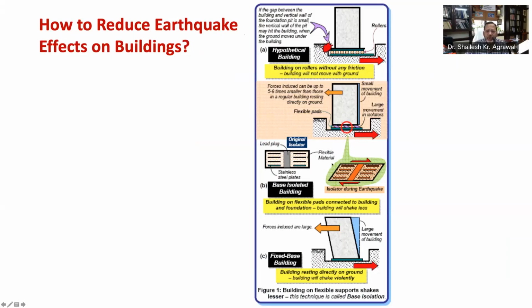Now let's look back again at figure 1B. The flexible pads are being explained here. They are also known as base isolators, whereas the structures protected by means of these devices are called base isolated buildings. In engineering terms, base isolation technology introduces flexibility in the structure.